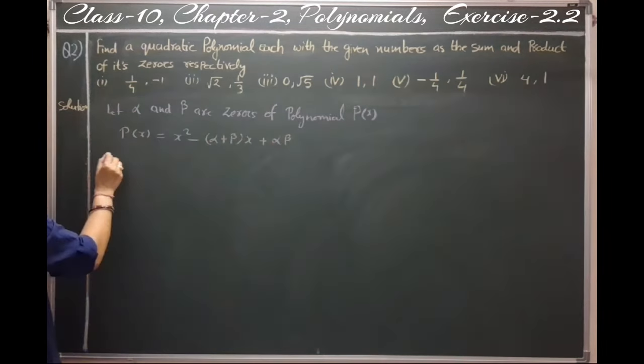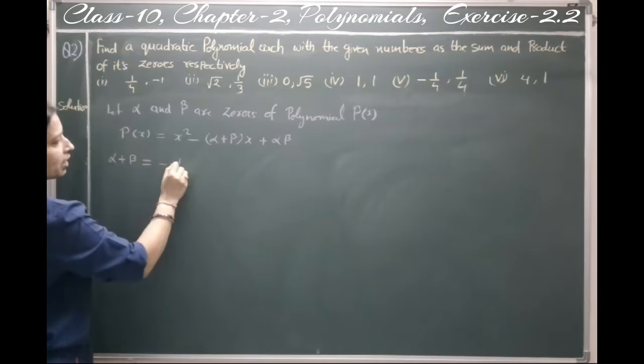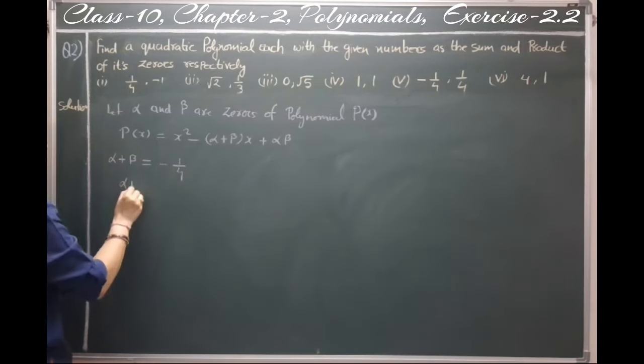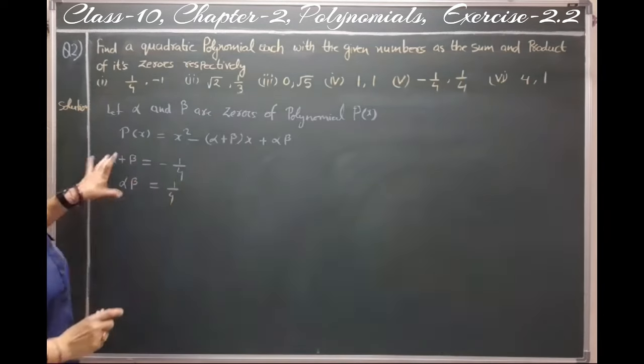Then write what is given. Here alpha plus beta is given as -1/4 and alpha beta is given as 1/4. So put these values here.